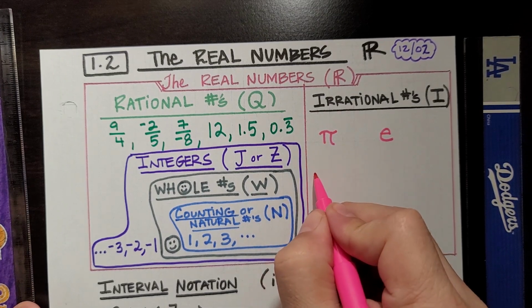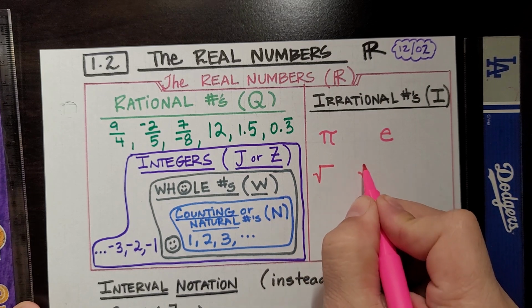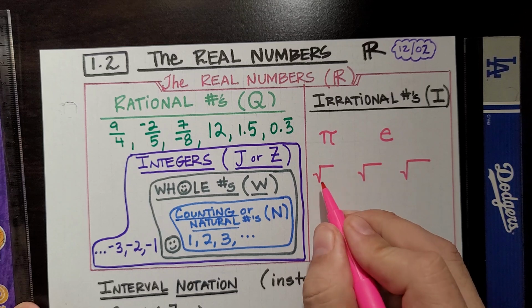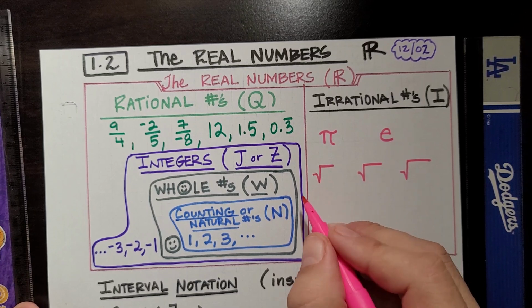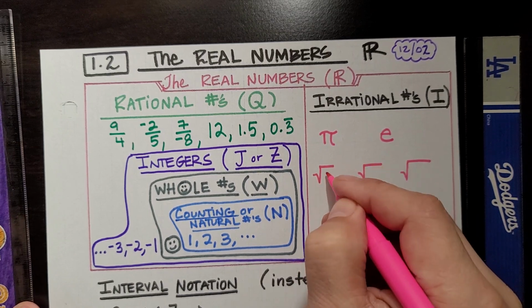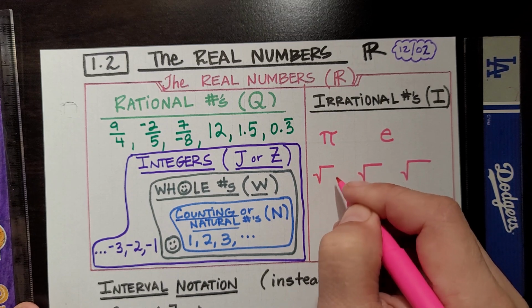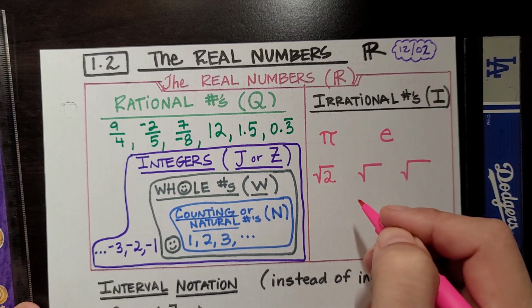We also have some square roots here. It's not just the square root or cube root or fourth root of any number. It needs to be one that cannot be simplified all the way down to get rid of the square root. I'm not going to put a 1 in there because that actually simplifies to 1. The square root of 1 is 1. I'll start with the square root of 2, or radical 2.